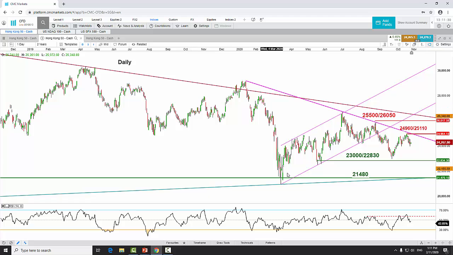As we could see over here, since the low of 17th of March, it has been trading in a very complex range configuration, and currently the intermediate resistance to watch will be at this 24,960/25,000, pardon me, /25,110, which is the confluence with the recent medium-term swing high of 23rd of October, as well as this descending trend line that has been in place since 17th of Jan 2020 that has prevented the previous rally from surpassing this trend line.